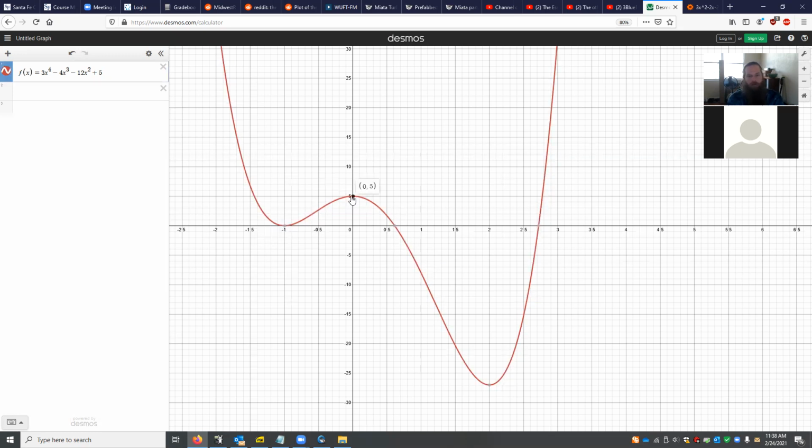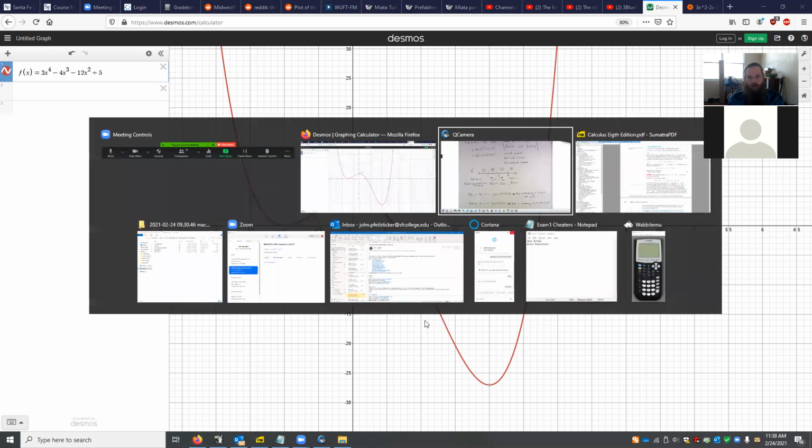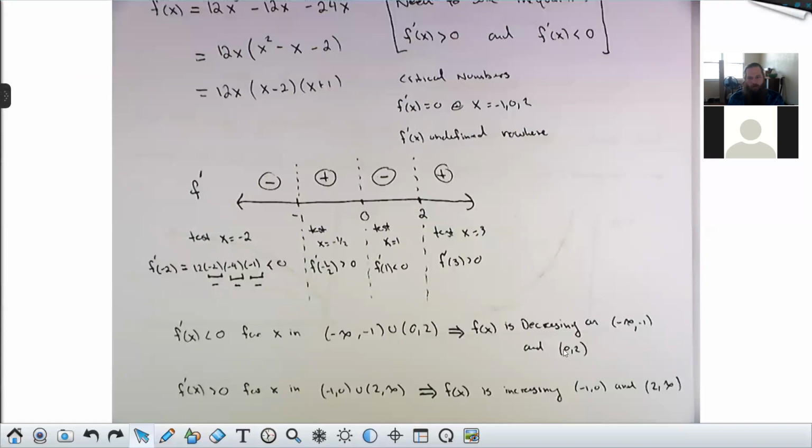The same thing is true at 0. Here's the point at x equals 0. I'm increasing over here and I'm decreasing over here. So it doesn't make sense to say I'm increasing at x equals 0, nor does it make sense to say I'm decreasing. That's why we use these open intervals. This is something that is supposed to be talked about in pre-calculus, but I don't think they hammer on it quite enough.